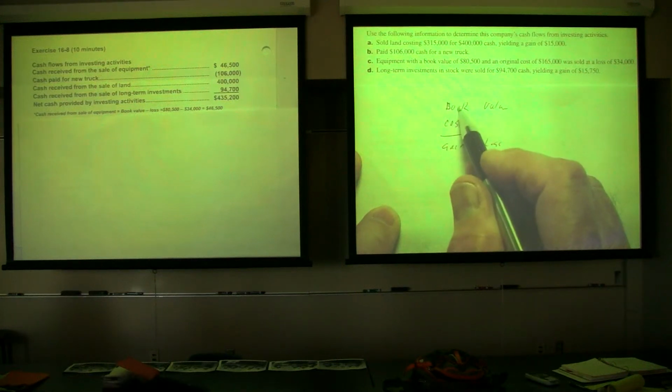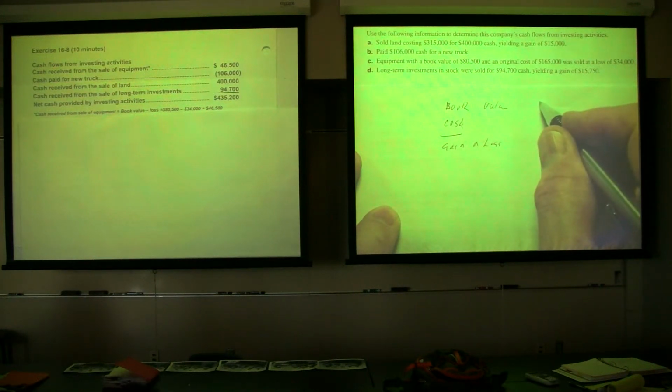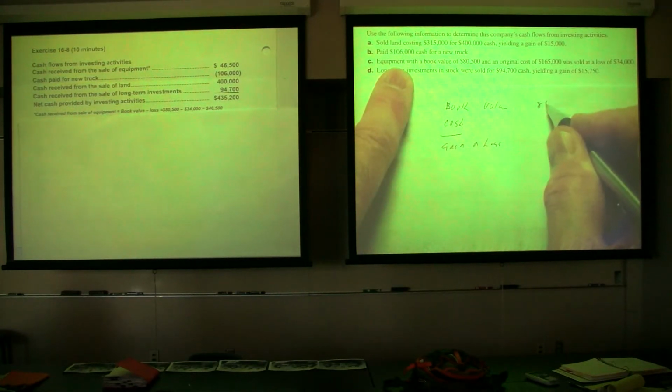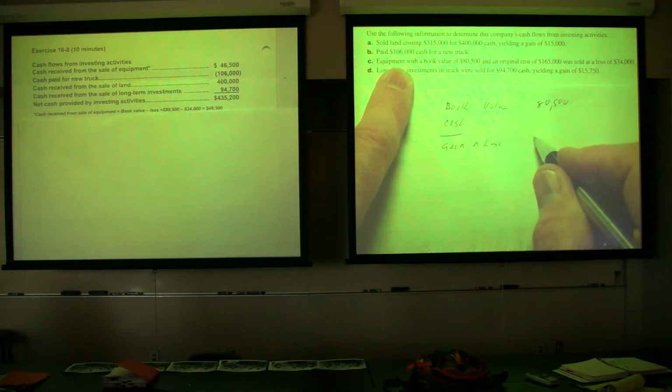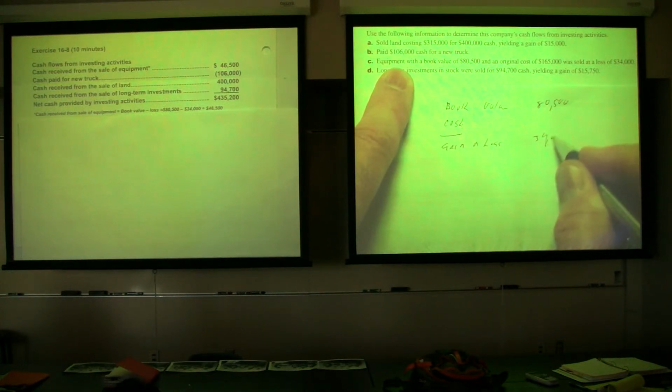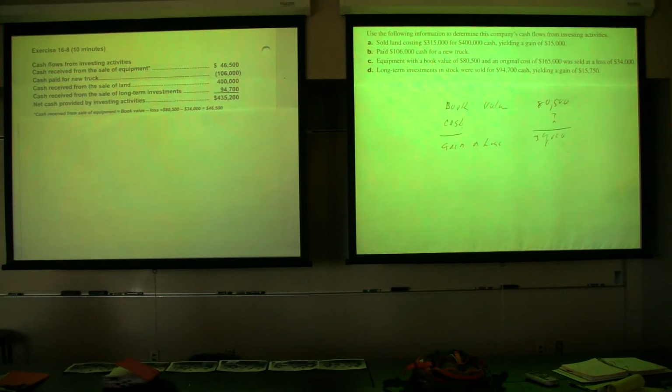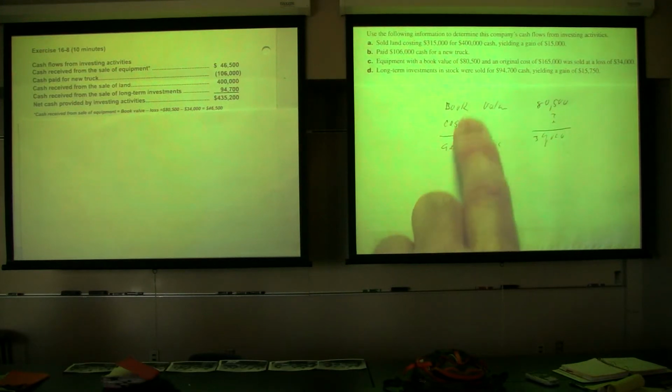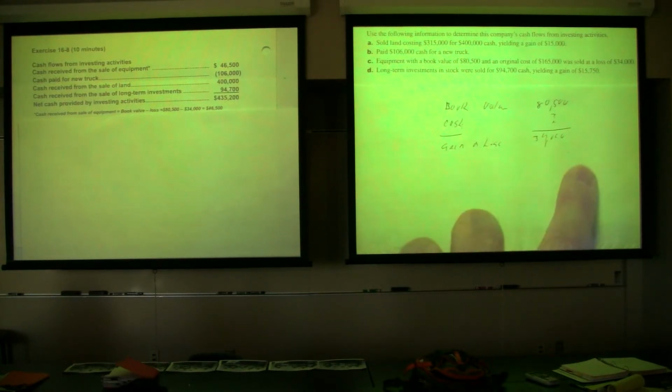If the cash is less than the book value, it's a loss. Now in this case, the book value was 80,500, and the loss was 34,000. What's the cash? That's where it's coming from. The book value minus the cash, because they sold it at a loss, will give you the amount of loss. Okay, does that make sense?